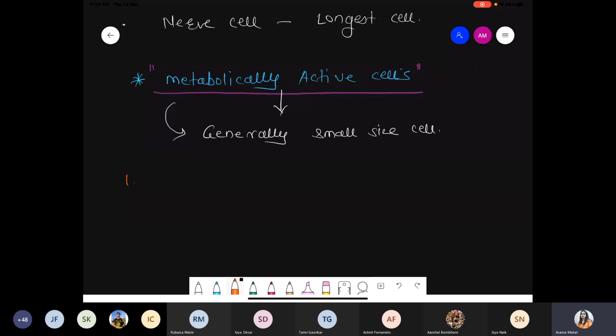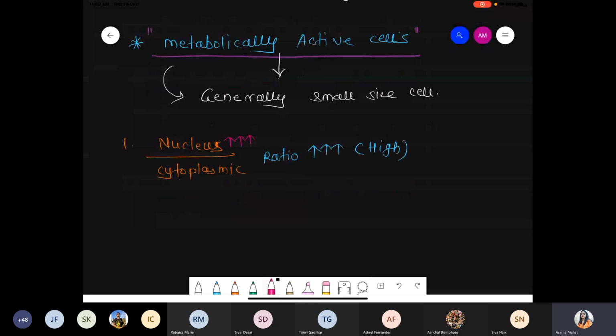The first reason: in small or metabolically active cells, the nucleus to cytoplasmic ratio is high. It means the nuclear amount is more as compared to cytoplasm.